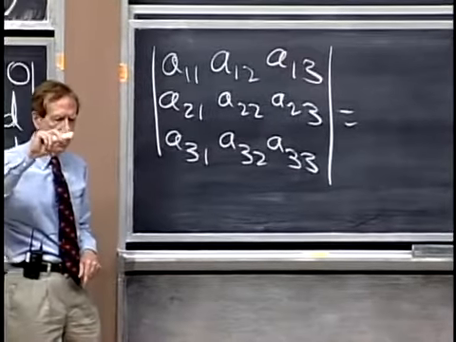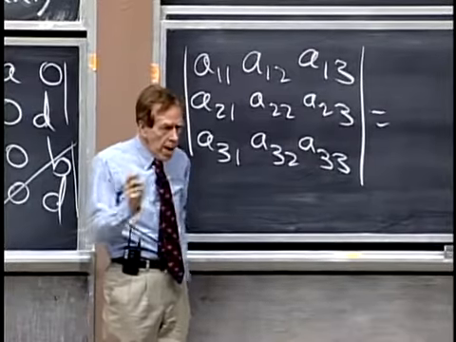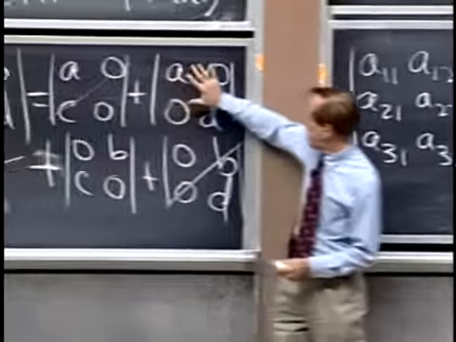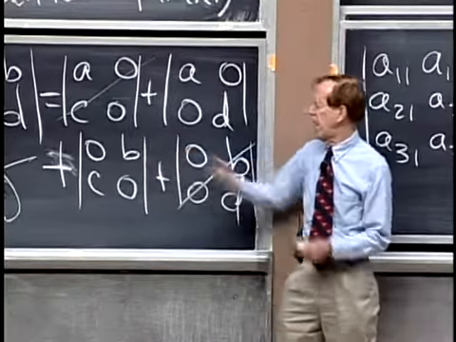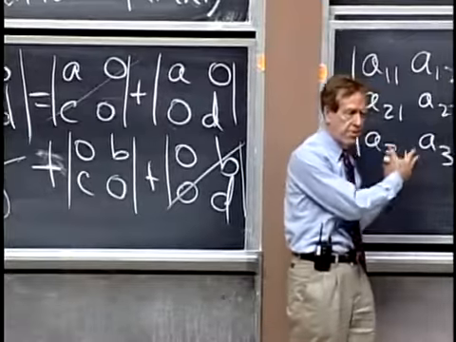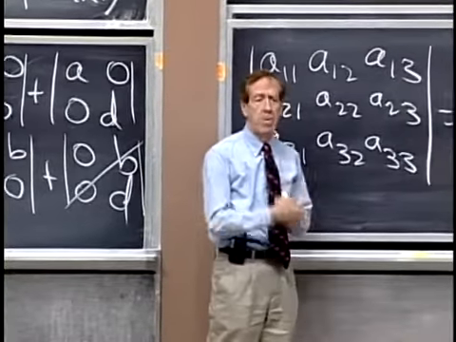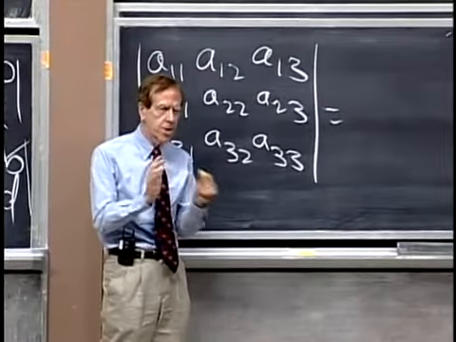Whenever I have a column of zeros, I know I've got zeros. When do I not have 0? These are the survivors, 2 survivors there. So my question for 3 by 3 is going to be, what are the survivors? How many survivors are there? What are they? And when do I get a survivor?